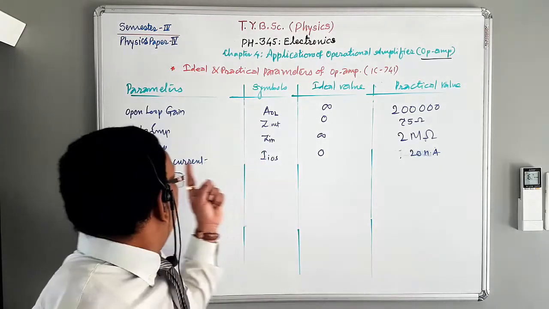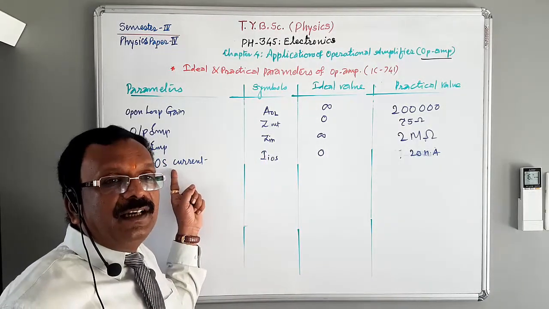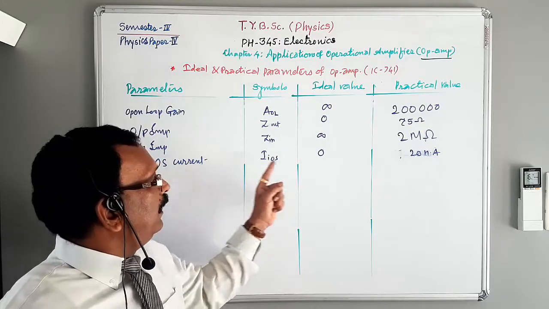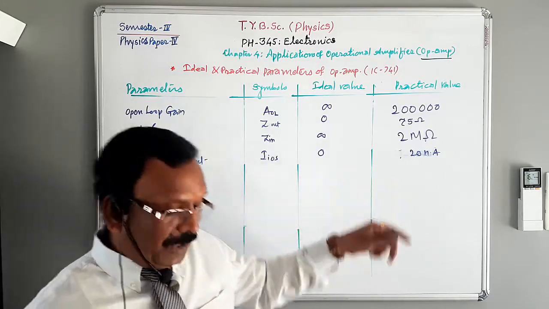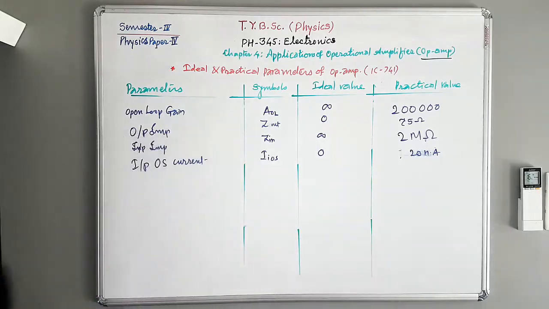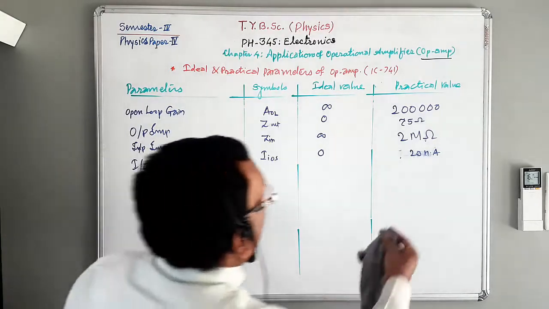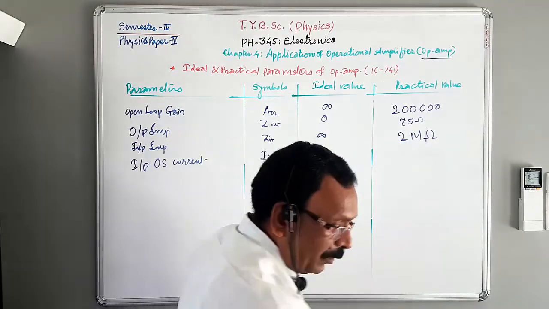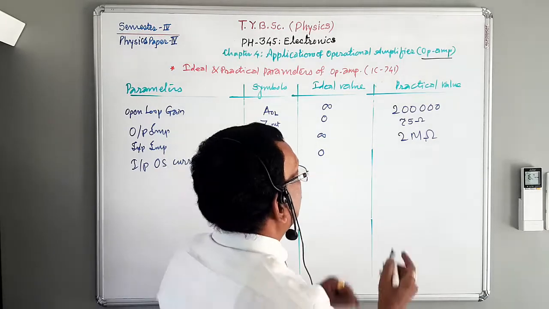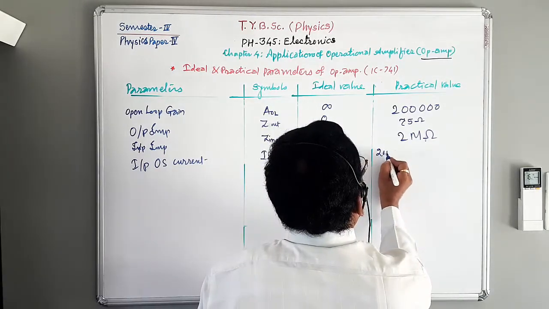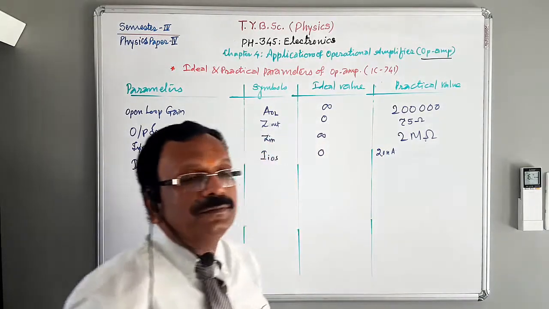What I say, input offset current is ideally 0, but it is practically found that it is nearly equal to 20 nano ampere.